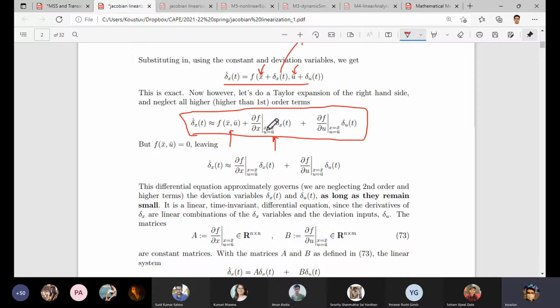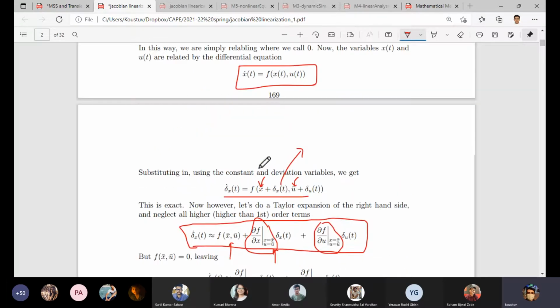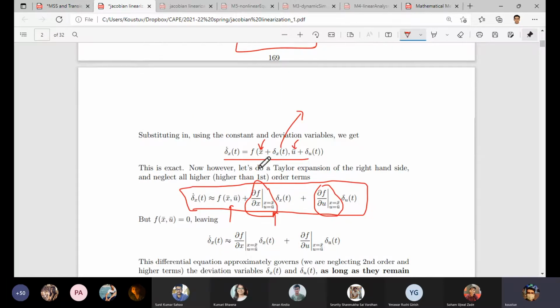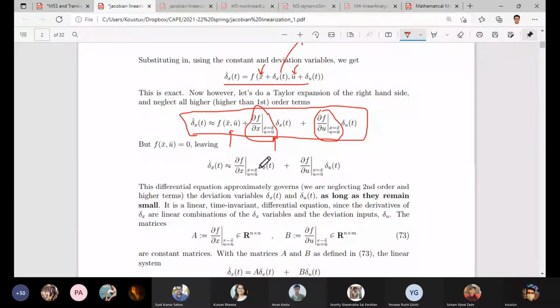These are constants. So we have defined the deviation variables, and we want to see whether they expand with time or fall back and decrease.